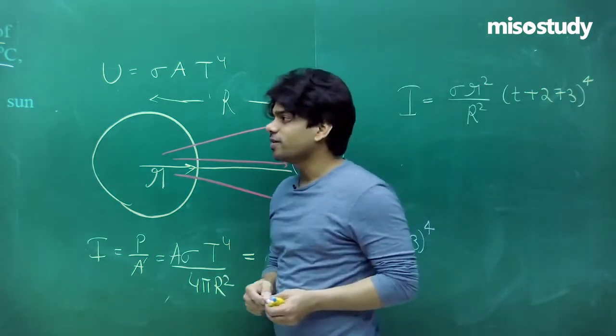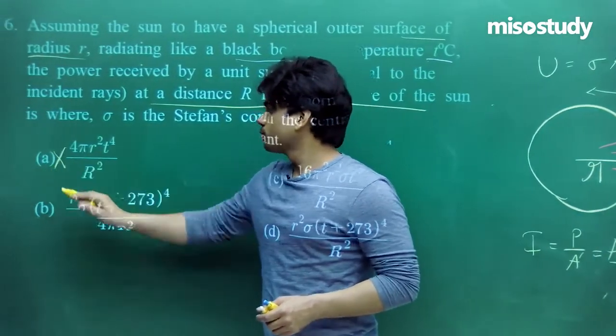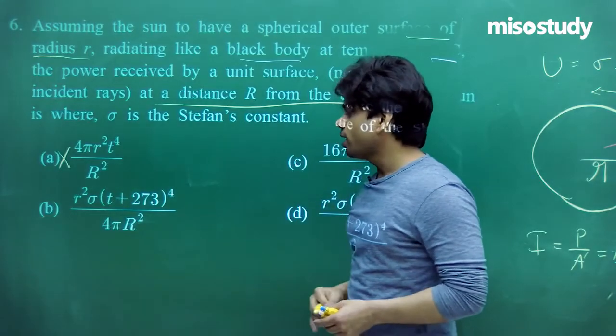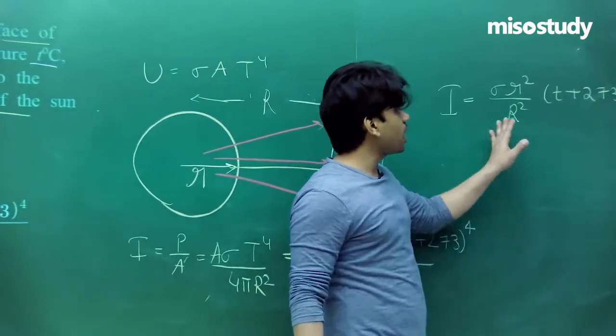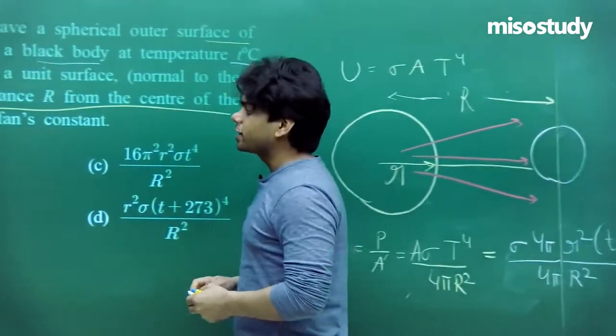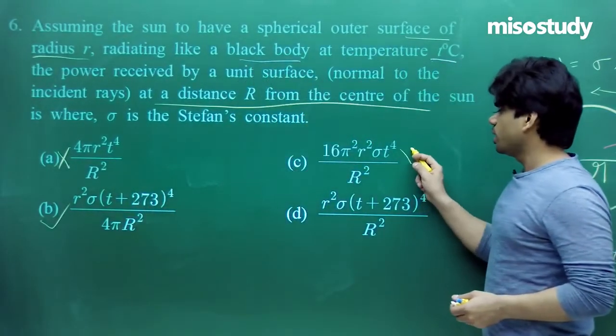Let's check with the given result. R square sigma (T plus 273) power 4 upon 4 pi r square, and the result that we are obtaining is the same as sigma r square upon R square (T plus 273) power 4. So option number B is matching. This is the right answer. Rest will be incorrect.